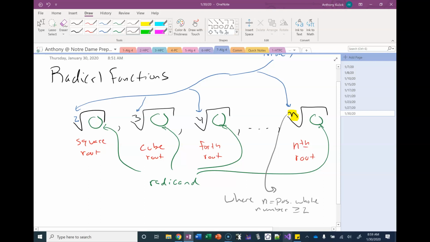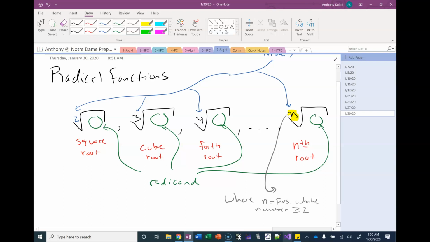So when we talk about these n's, they're only positive whole numbers, and they have to be greater than or equal to 2. So 2, 3, 4, 5, 6. These are all things that we'll define as radicals.